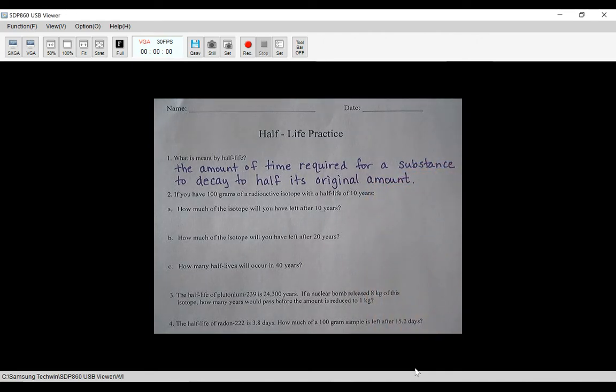The amount of time required for a substance to decay to half its original amount. And this is why we call it half-life.